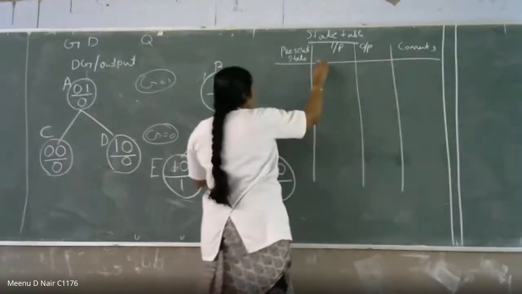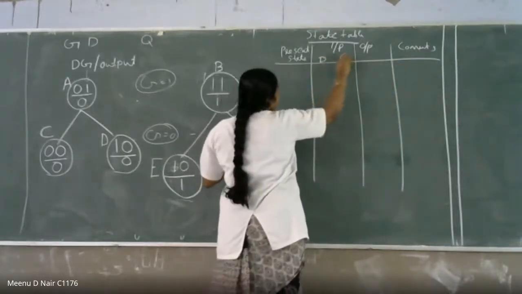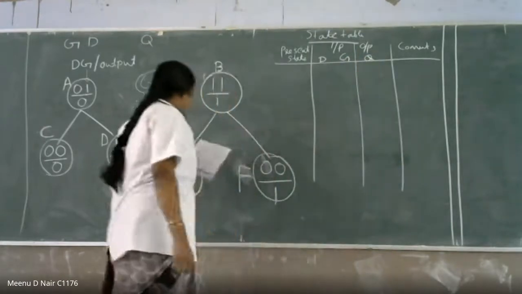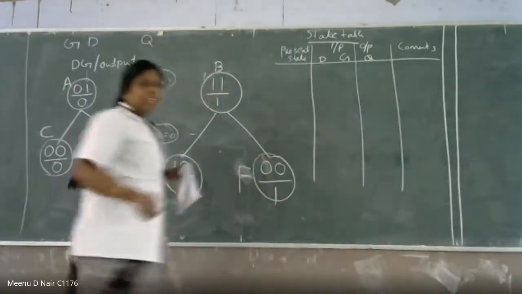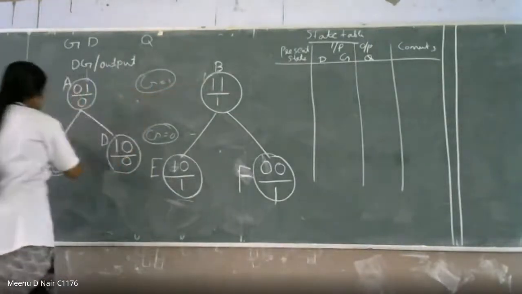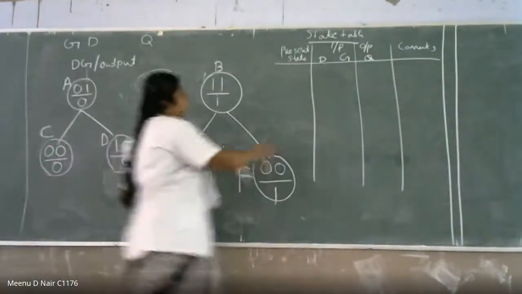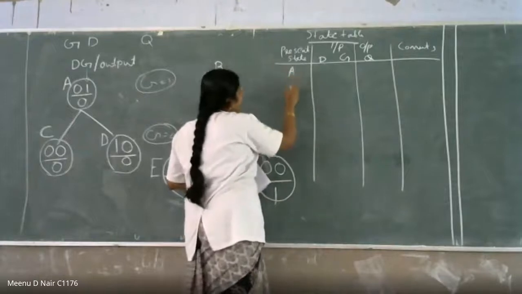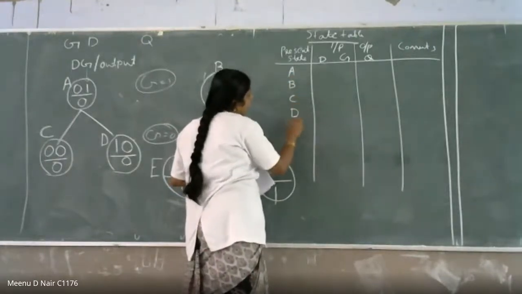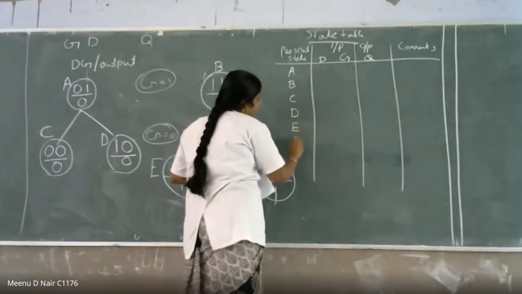Input is nothing but D and G. Output is Q. How many states are there totally now? A, B, C, D, E, F.